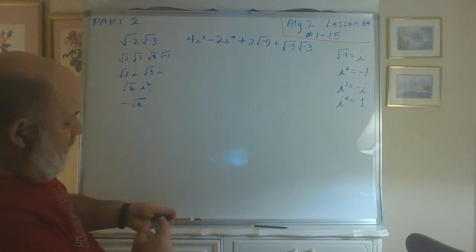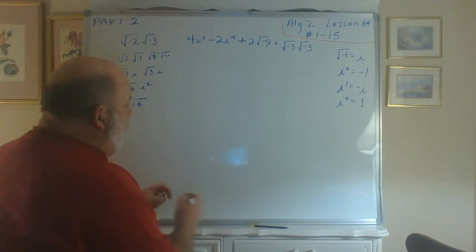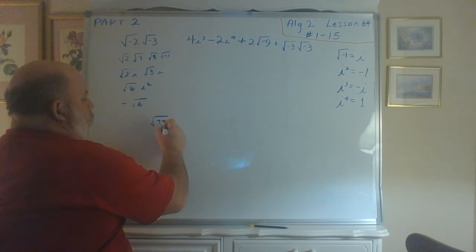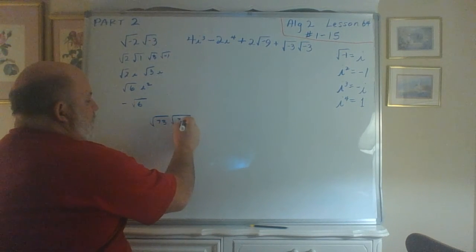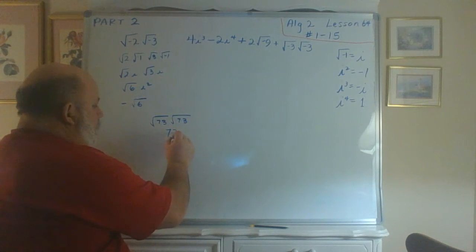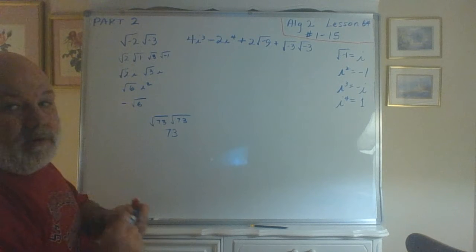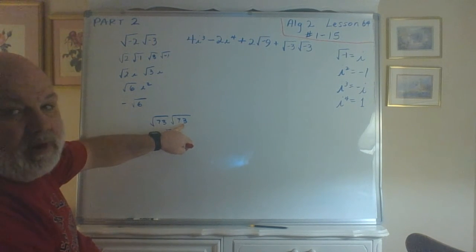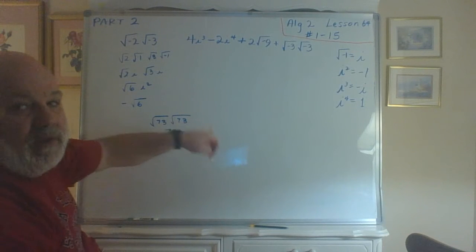We could have seen that up here at the top. We know that any number, the square root of any number times itself, is just going to be whatever number's under the radical. If I have the square root of 73 times the square root of 73, I do not need to know what 73 times 73 equals and then take the square root of it.